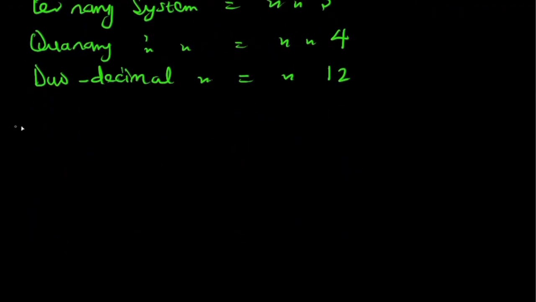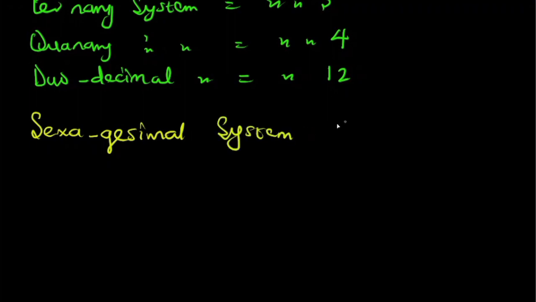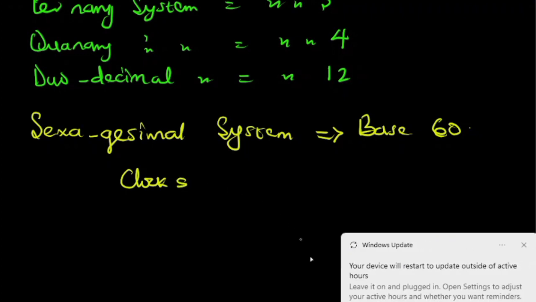The Babylonians used a very intriguing and high base, which is base 60. Sexagesimal, that's what it's called. Sexagesimal system. It's what the Babylonians used, and that is base 60. And because of this base 60 that they used, we rely on it in our clocks, time reading.